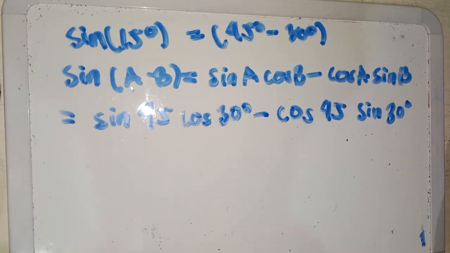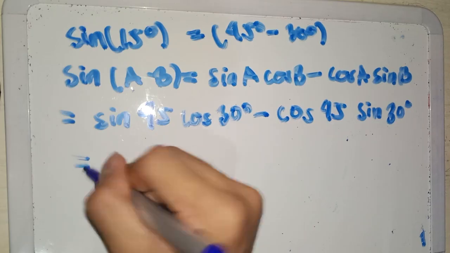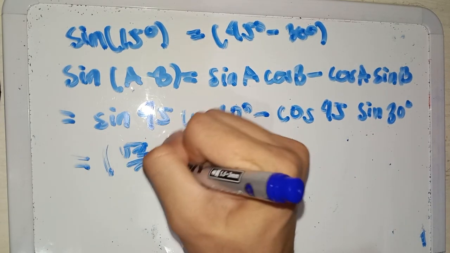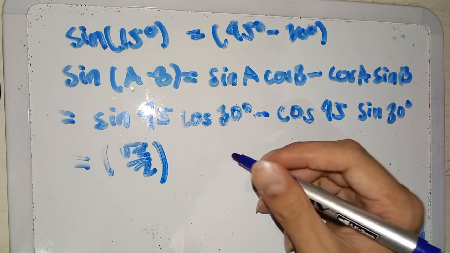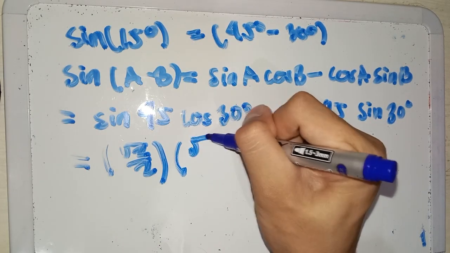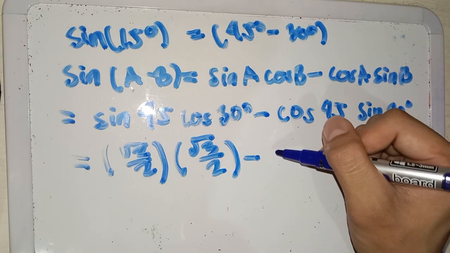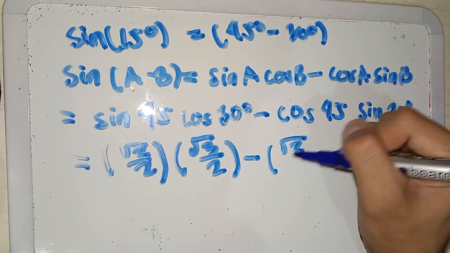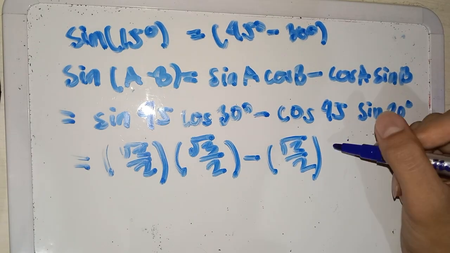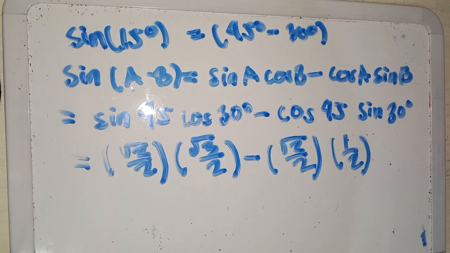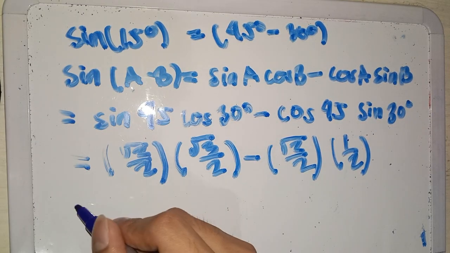Now, we need to substitute them. Sine 45 is root 2 over 2 times cosine 30, which is root 3 over 2, minus cosine 45, which is root 2 over 2, and sine 30 is 1 half. So, we need to multiply.